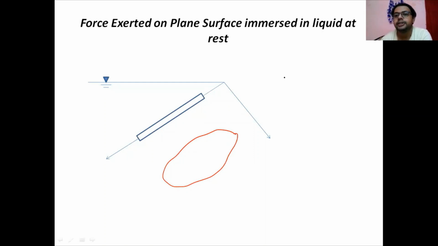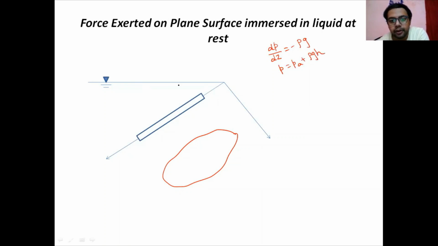So what is the force acting over it? Just think: from the free surface, the deeper you go, the more your pressure is increasing. Because from your hydrostatic law, dP dz is equal to minus rho g, and doing the integration, you get these values.